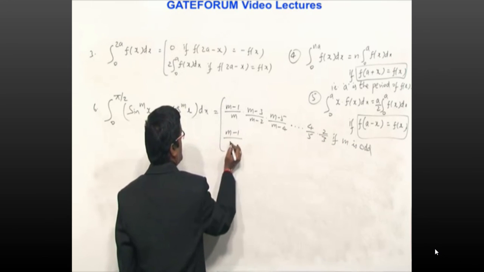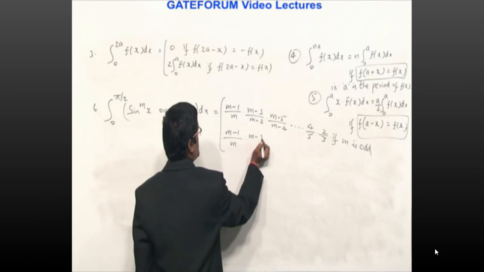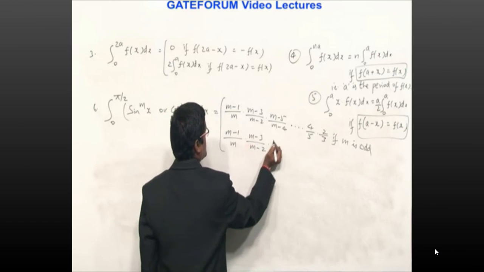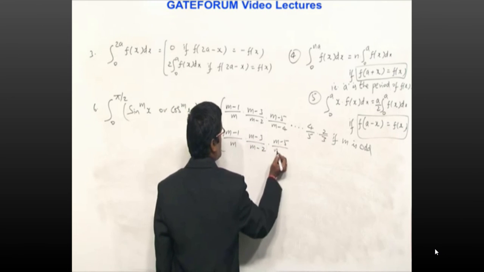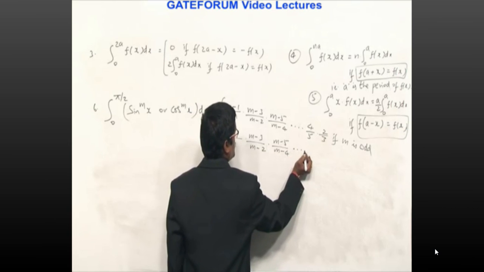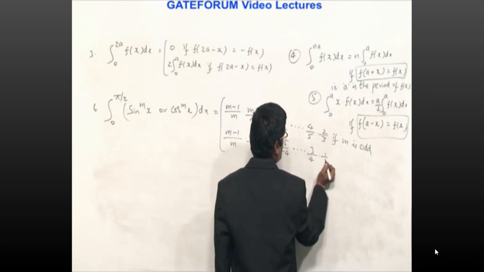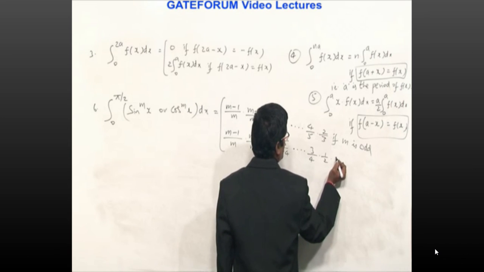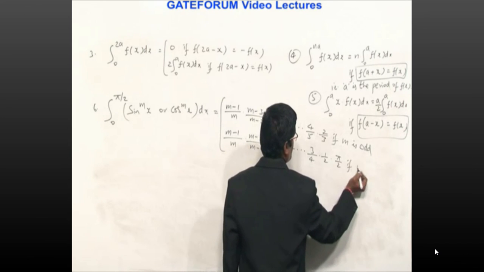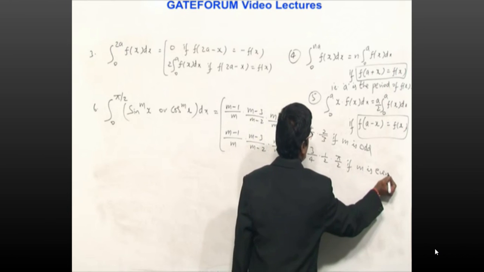The other answer is m minus 1 by m into m minus 3 by m minus 2 into m minus 5 by m minus 4 and so on, down to 3 by 4 into 1 by 2 into pi by 2 if m is even.